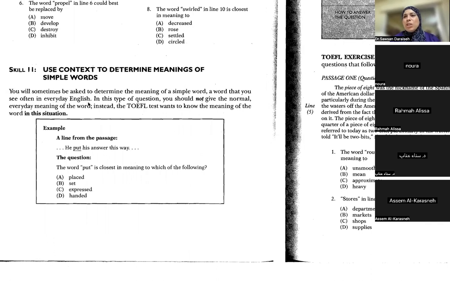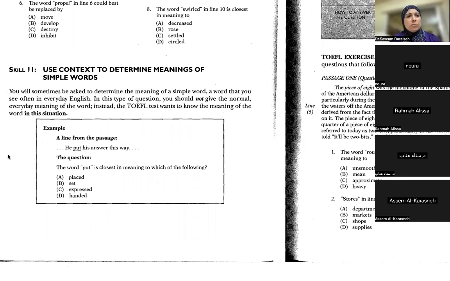It's not a word that you've never heard before. In this type of question, you should not give the normal everyday meaning of the word. Don't just run and give the answer because you know what this word means in a different context, or the everyday context. Wait, guys. Be patient. Read the word in context and then decide what the meaning of the word is.